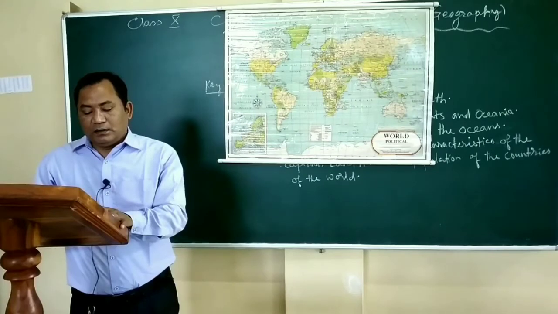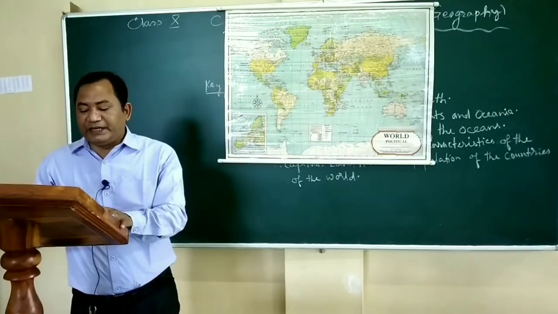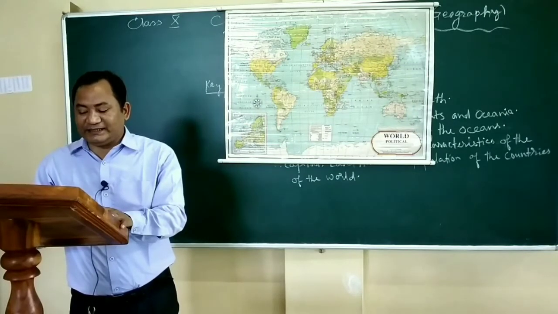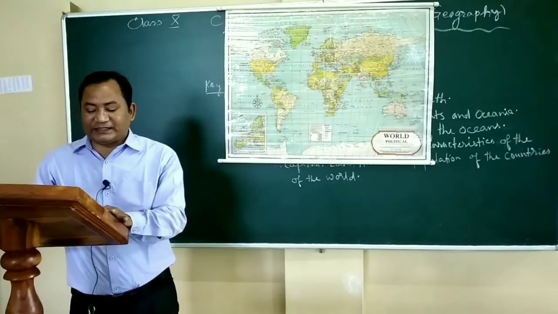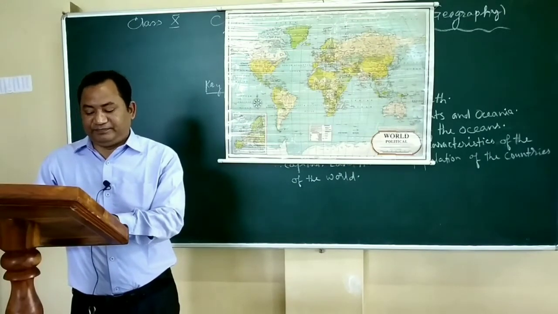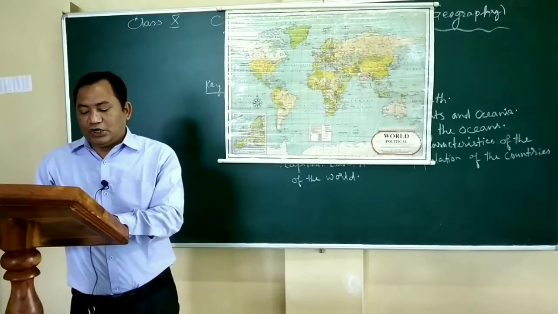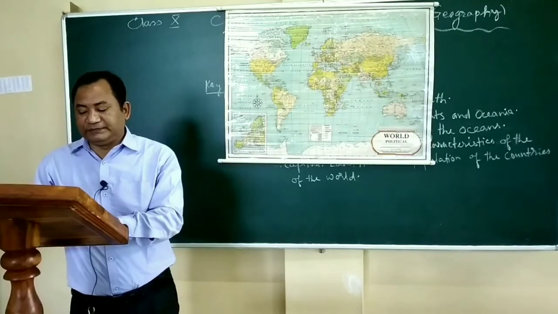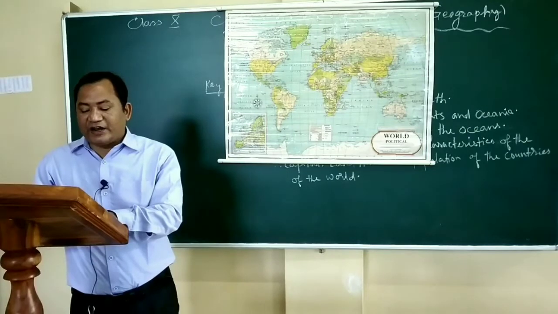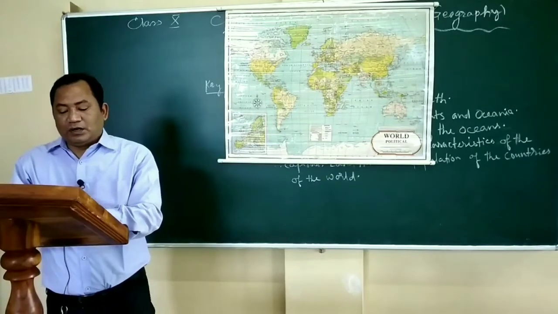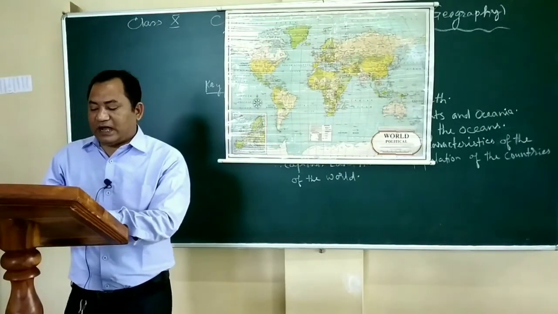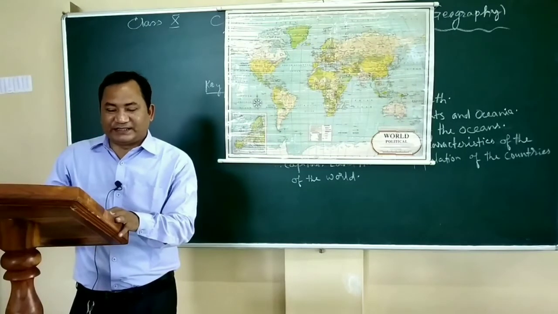Generally, from the coast to the middle of oceans and seas, there exist the continental shelf, continental slope, deep sea plain, oceanic canyons, oceanic ridges, and deep sea trenches.